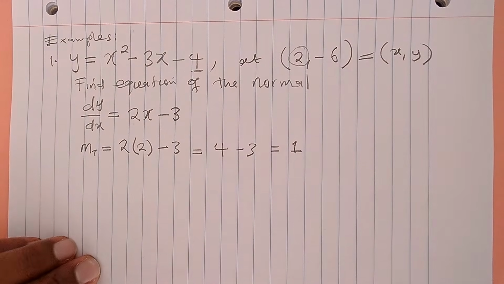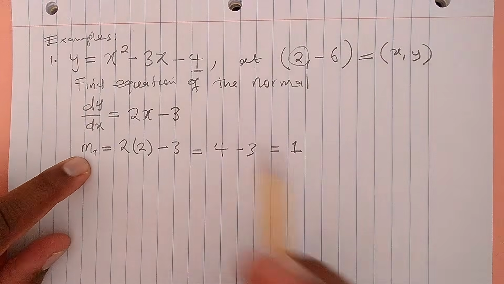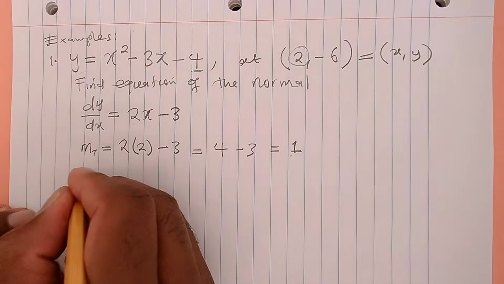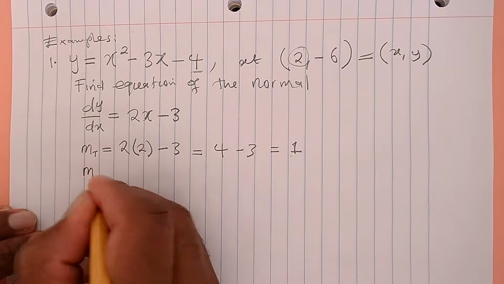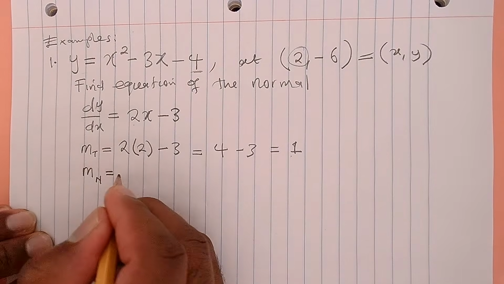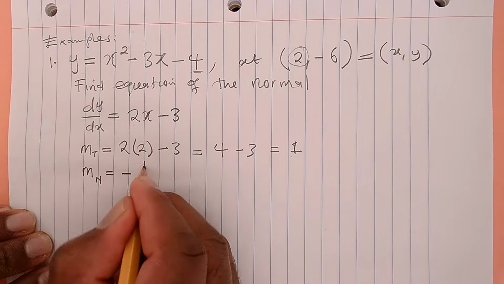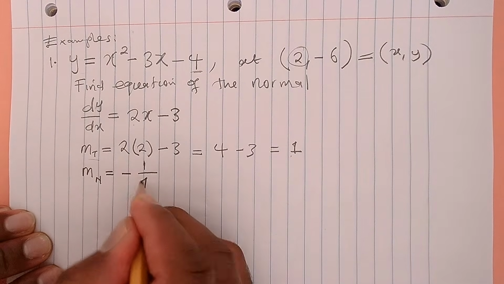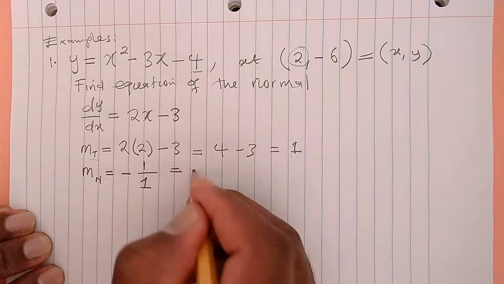So the slope of the tangent to this curve is 1. Therefore, the slope of the normal, m sub n, is -1 over the slope of the tangent. The slope of the tangent is 1, so this is just -1.